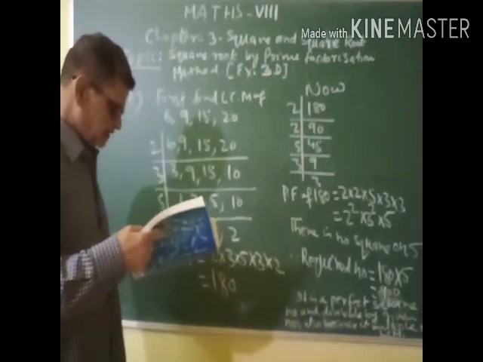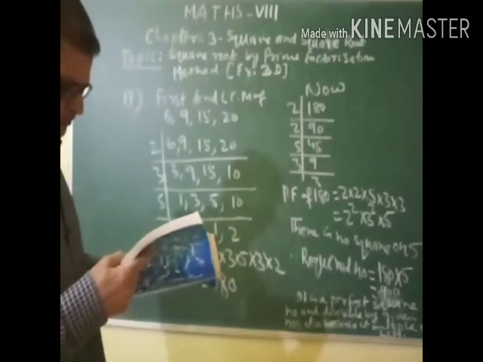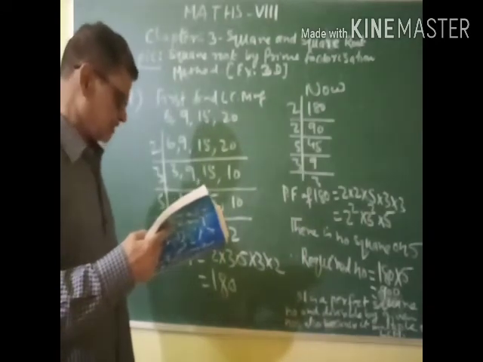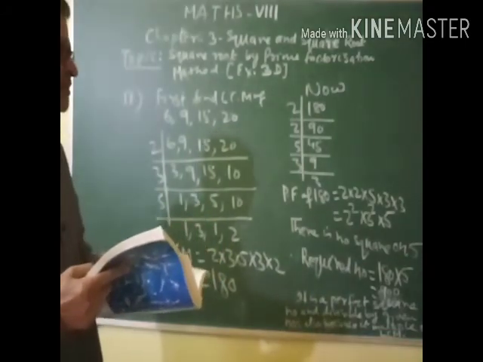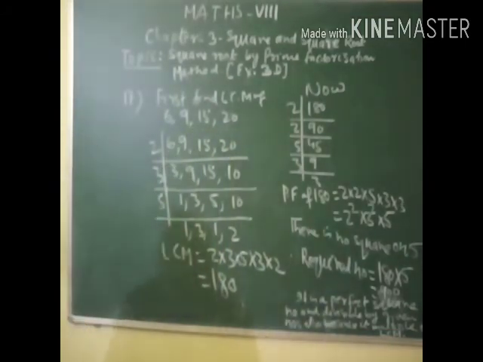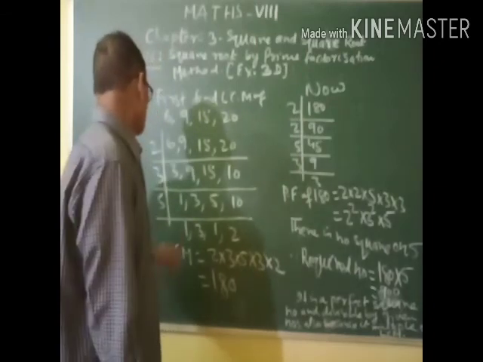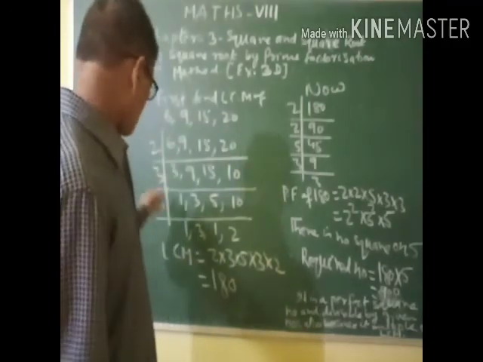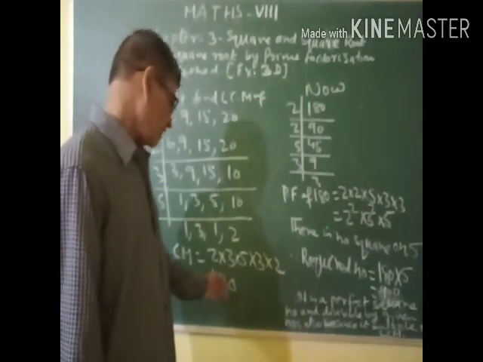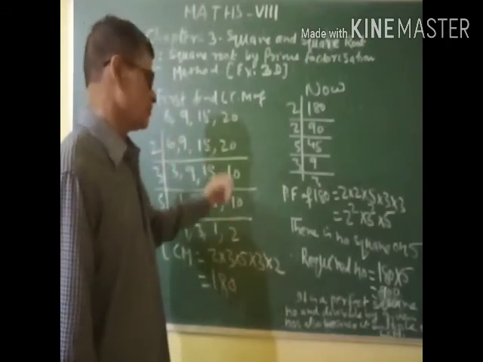We have to find the smallest number which should be a square number, the least square number which is divisible by the given numbers. Now first of all find out the LCM of these numbers and it is equal to 180. 180 is the LCM of 6, 9, 15 and 20.